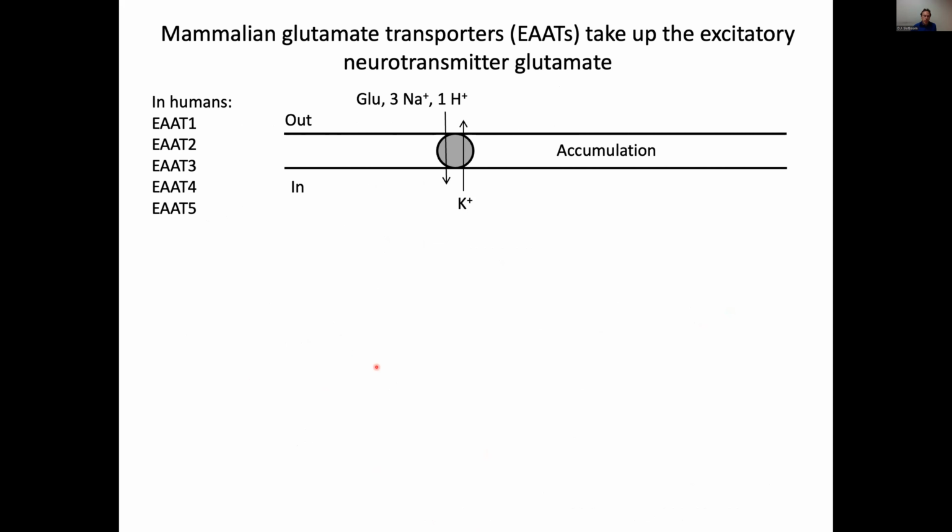Now, in humans, you find 5 different subtypes of these transporters, and they all have slightly different functionality. They are also in different cell types and in different tissues, but they all can do the transport of glutamate with the 3 sodium ions, the 1 proton, and the counter-transport of a potassium ion, and they can do accumulation of the glutamate.